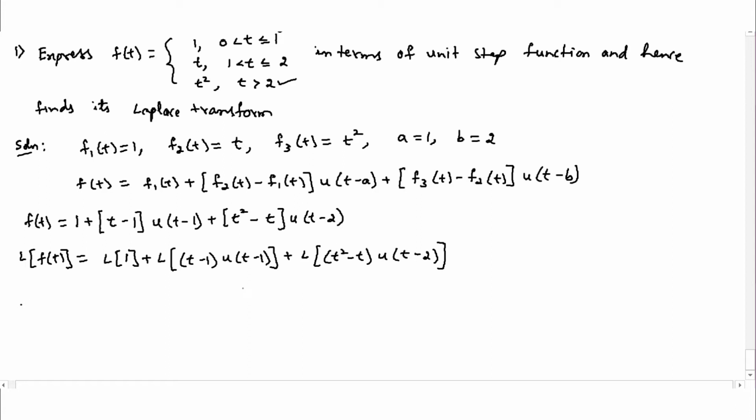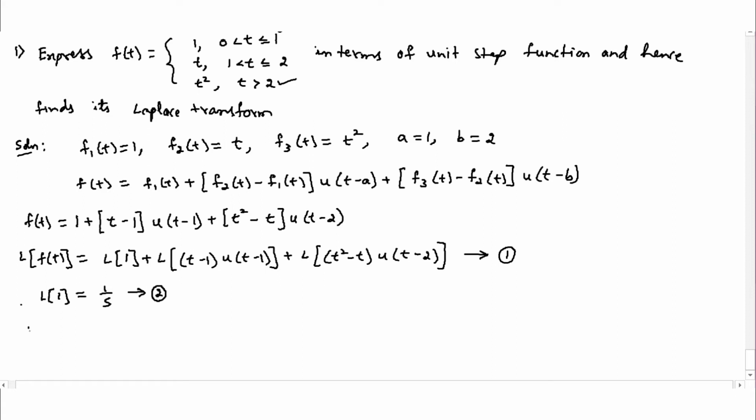So I need to find the Laplace transform of 3 different terms. Let me take this as equation number 1. First I'll find the Laplace transform of 1, which is nothing but 1 by s. I'll take this as equation number 2. I have to plug in this value back in equation number 1 at the end.